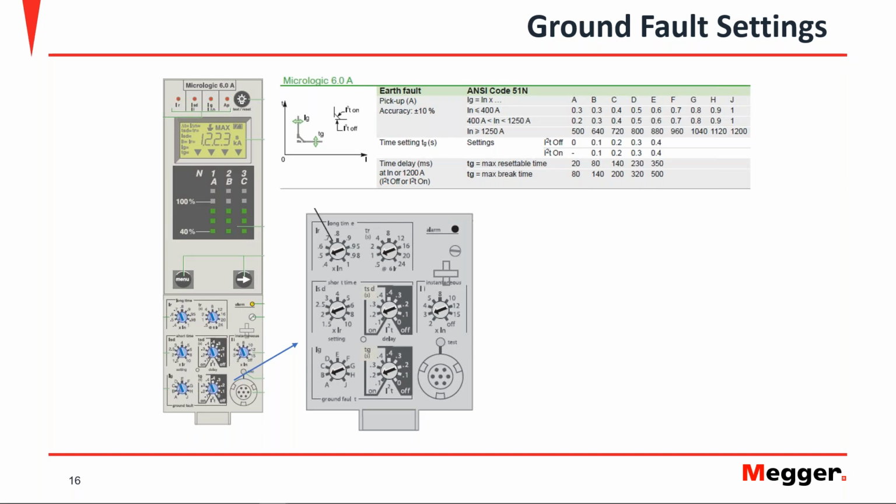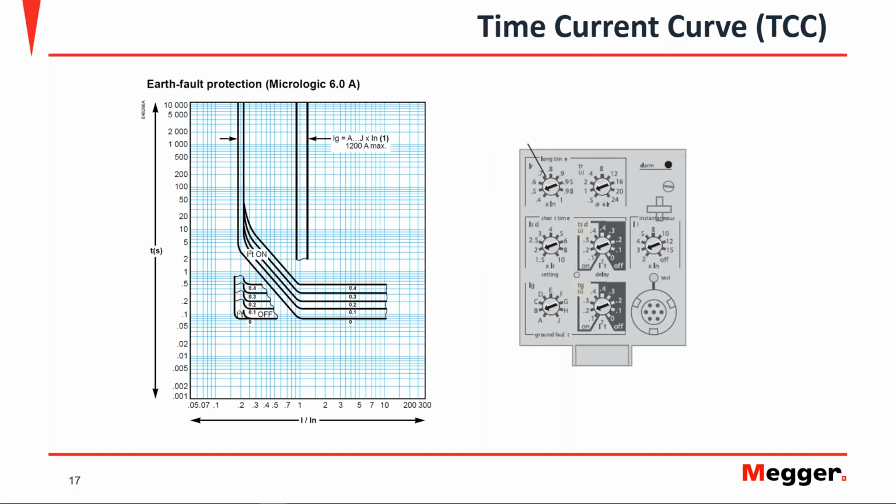So make sure you check them. And of course, when you look at the results, when you look at the timing, depending on which position you are for the delay, you will be selecting a curve from the time current curve in the manual, or the one that the manufacturer provided for that particular breaker.